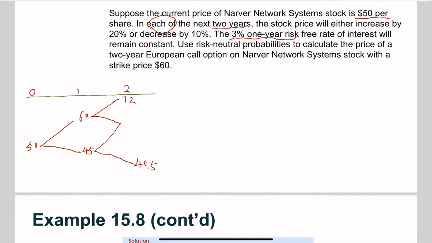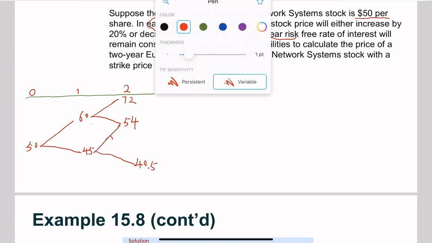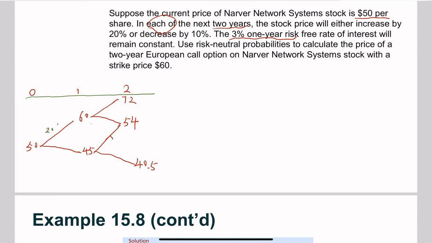However, in the second year, if it decreases from $60 by 10%, it would be 54. And you can verify that on this path, it's just 20%. So let me write down these possibilities. This is 20%, this is minus 10%, 20%, and minus 10%, and 20%, and minus 10%.